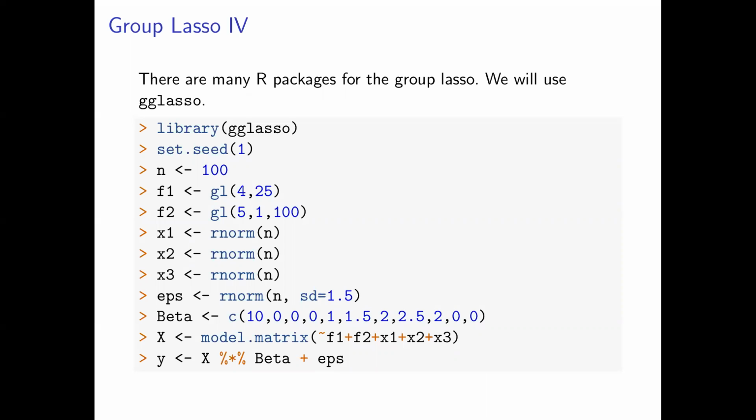So for this, we look at our previous example. Similarly to before, we create x1, x2, x3, and we now create 2 factor variables. And out of this, the intercept is relevant, and then the first factor is not relevant, the second factor is, and only the first of our numeric variables will be relevant at all.